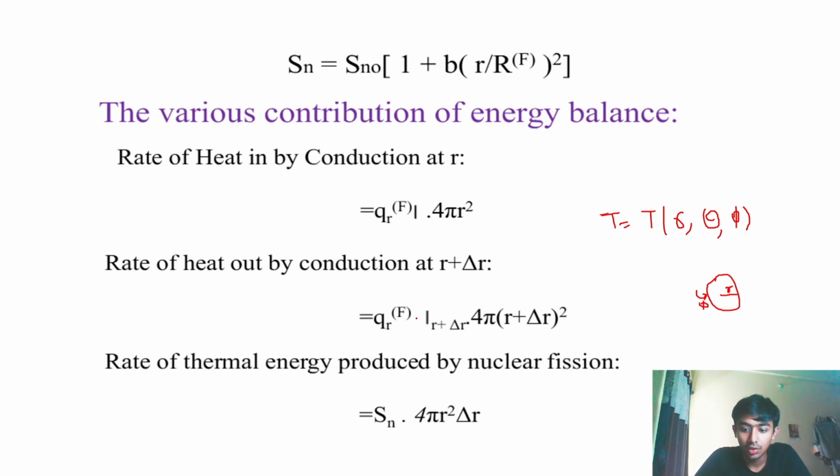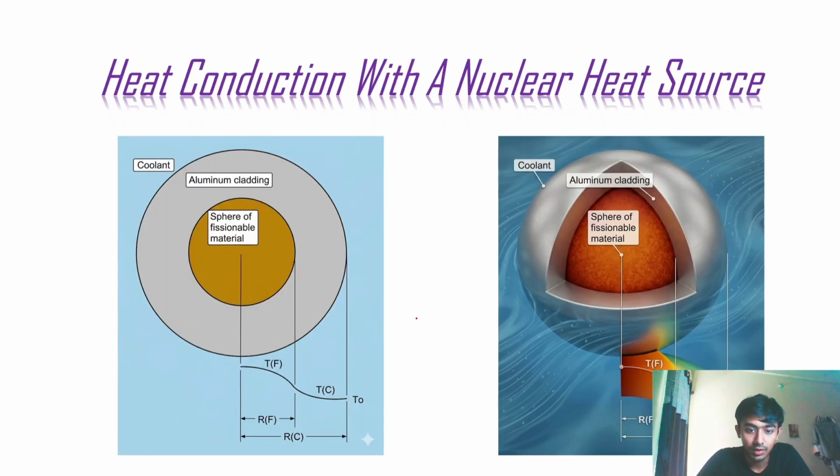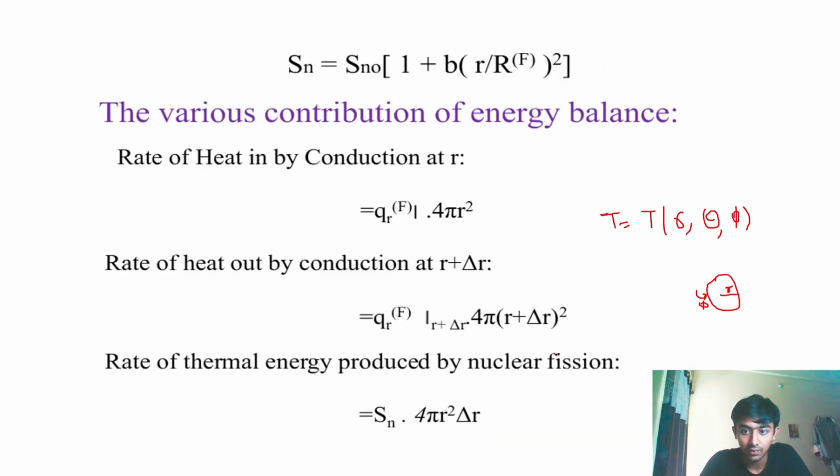If we closely observe the spherical differential cell, the temperature varies with r, because as heat is generated and r increases, the temperature decreases. So temperature is a function of r.